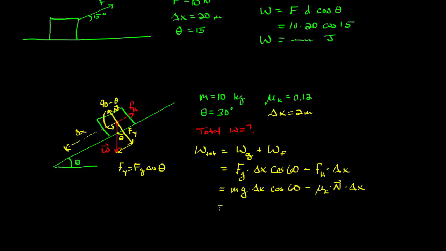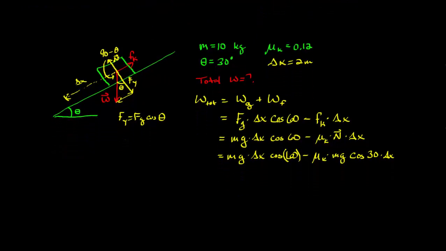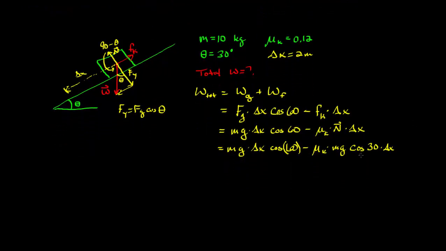So we're going to get mg times delta x cosine 60, minus the coefficient of kinetic friction times mg cosine theta, which is 30, times delta x. I hope you don't mind that I write it like that. I know people like to do that. I usually just leave it off. And then at this point we can just calculate everything. So yeah, that's it. That would be your total work.